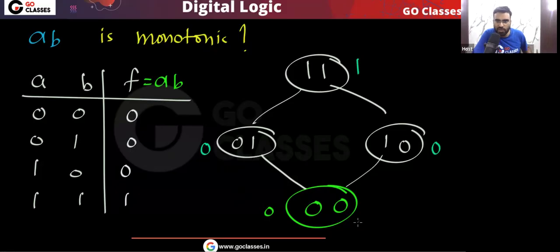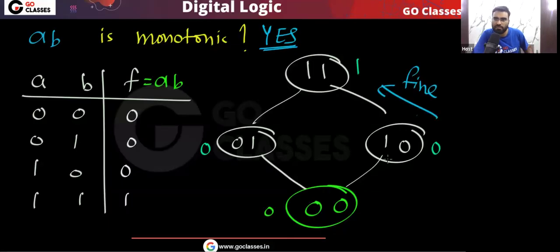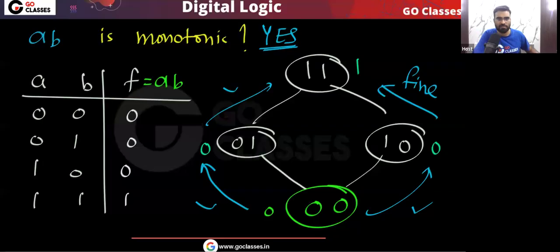So is the function value decreasing? The function value is not decreasing, right? So yes, this is also monotonic, because the function value is not decreasing. Here also this is fine.